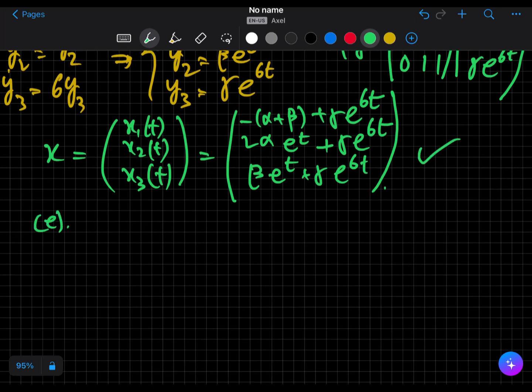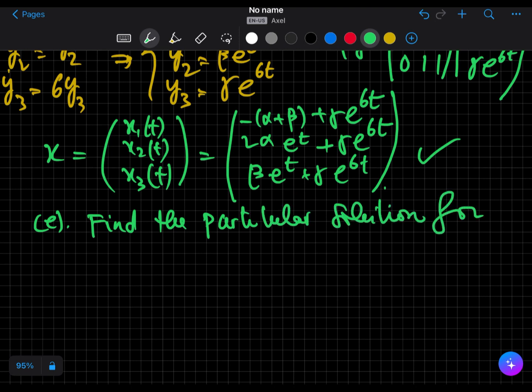Now, in question E, we are asked to find a particular solution for x1(0) equals 2, x2(0) equals 1, and x3(0) equals minus 10.